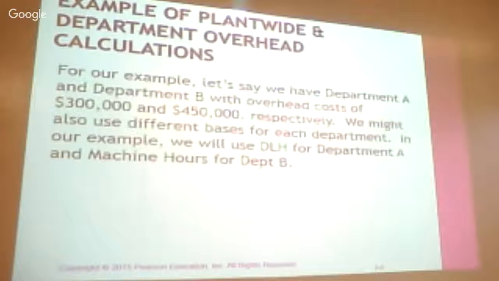Maybe machine hours would be the production aspect, and Department B could be the inspection part. Production would be more driven by machine hours, wouldn't it? Inspection would be more driven by personnel hours or labor hours.